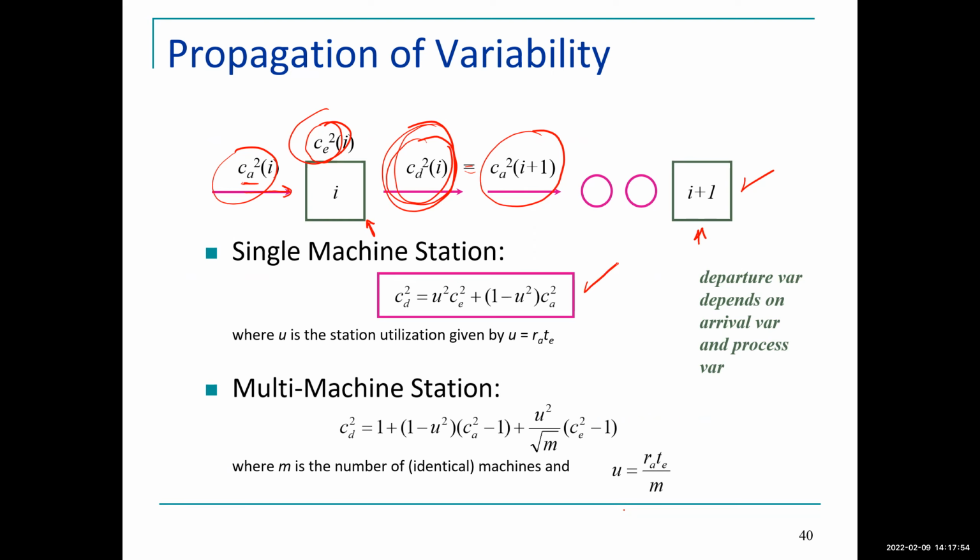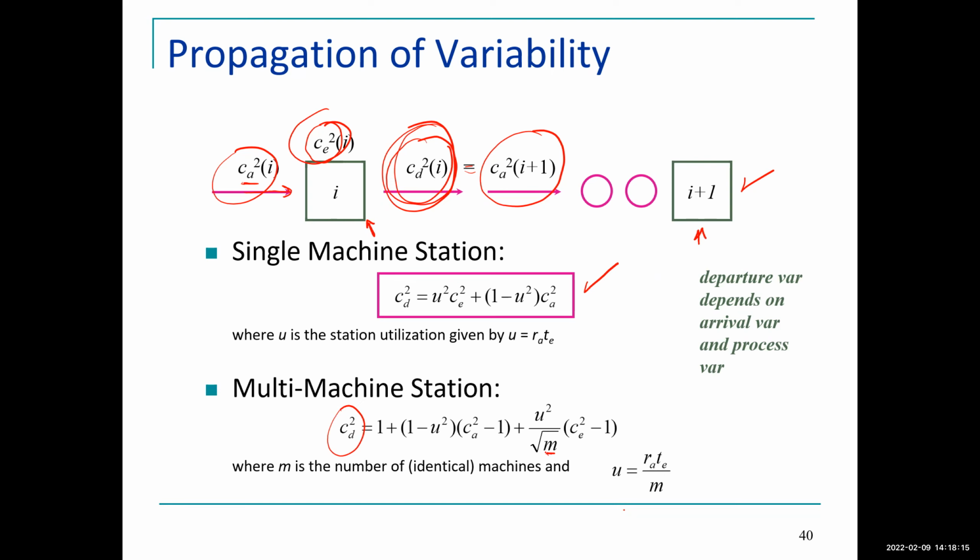For a multi-machine station, let's say you have 2, 3, 4, 5 machines, we can compute the C squared of the departure by using this expression, where M is equal to the number of identical machines.